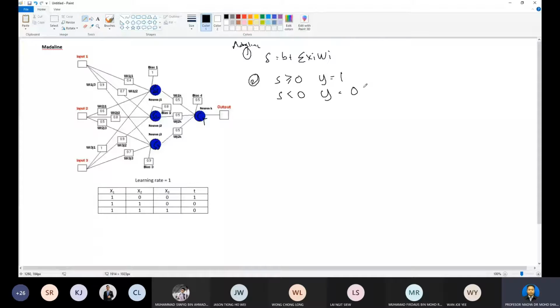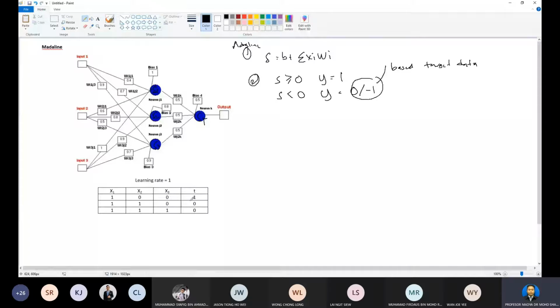This is what I mentioned in the previous class: it is based on the target data. Our target data will be 1 and 0, the pattern 1, 0, 1, 0.